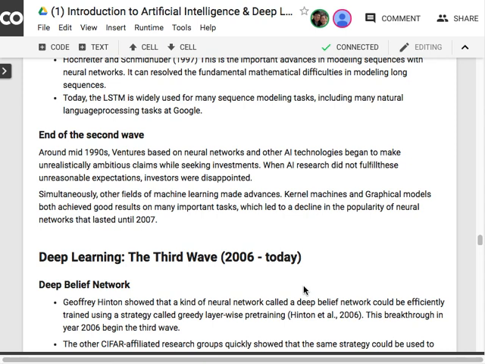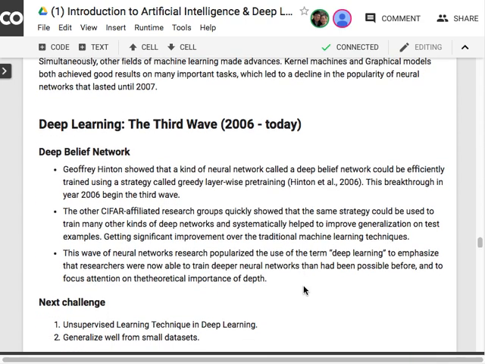Until 2017, about the 90s, we did not have many good applications of neural networks. It declined about 1995, I think, and for about 10 years, until 2006, when we got the boom of deep learning.